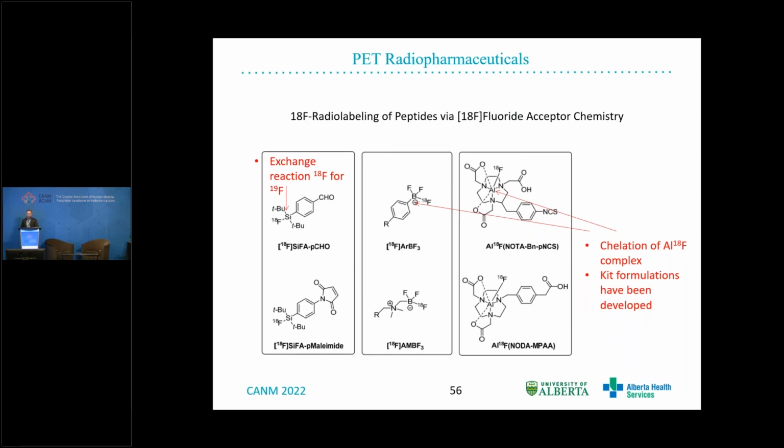For example, the SiFA chemistry was developed by Professor Schirrmacher at the University of Alberta, and he was also here in Montreal before. And later on, I'm going to show an example of the aluminum fluoride complex as well.